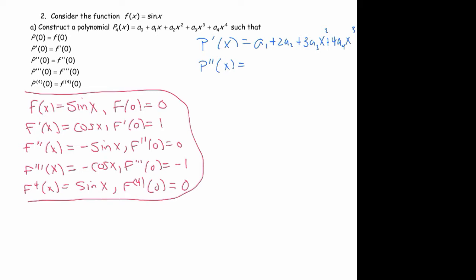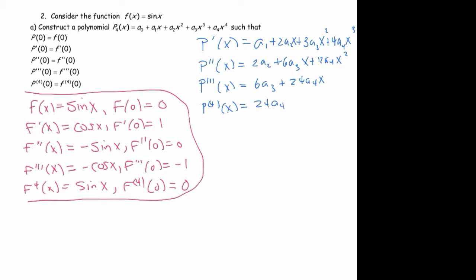2a2 x. The second derivative would be 2a2 plus 6a3 x plus 12a4 x squared. The third derivative would just be 6a sub 3 plus 24a sub 4 x, and then the fourth derivative would be 24a sub 4.